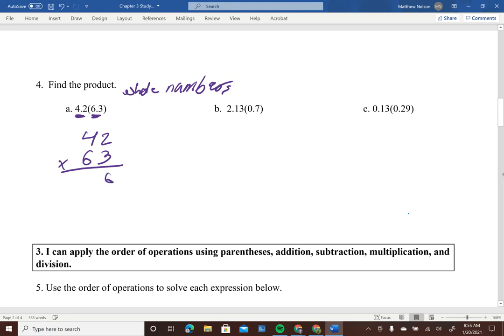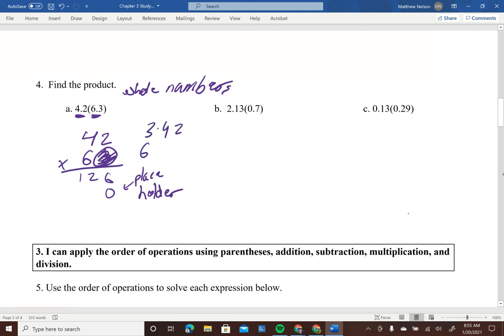3 times 2 gives me 6. 3 times 4 gives me 12. Done with my 3. Now I need to put a 0 down here, and this is a placeholder. Why is it a placeholder? Well, because we're done with the ones place. We already did 3 times 42. That was our first operation.